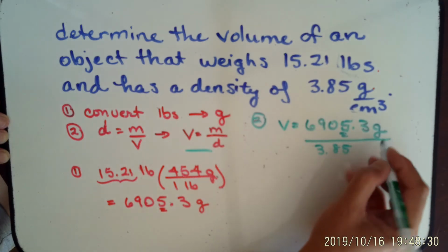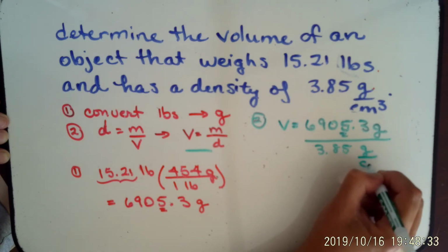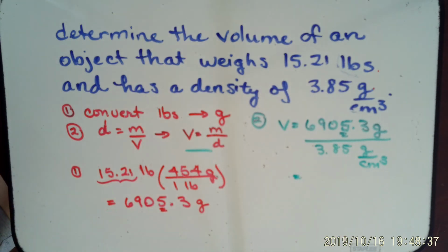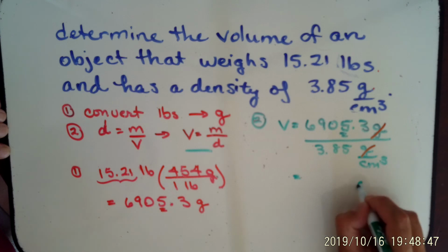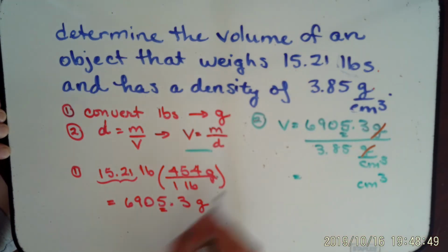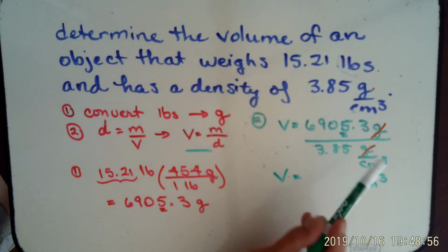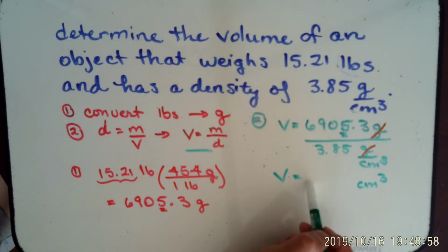The grams divide out, and 1 over cubic centimeter is equal to cubic centimeter, and that indeed is good because that's a unit for volume. And now we can just divide the two numbers. This is 4 significant figures, this is 3. So we're going to give the answer in 3 significant figures.